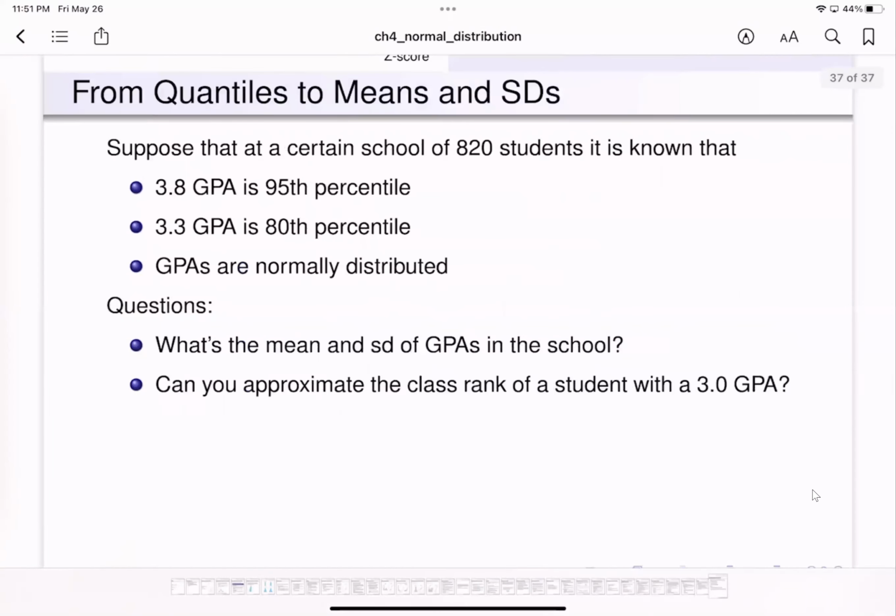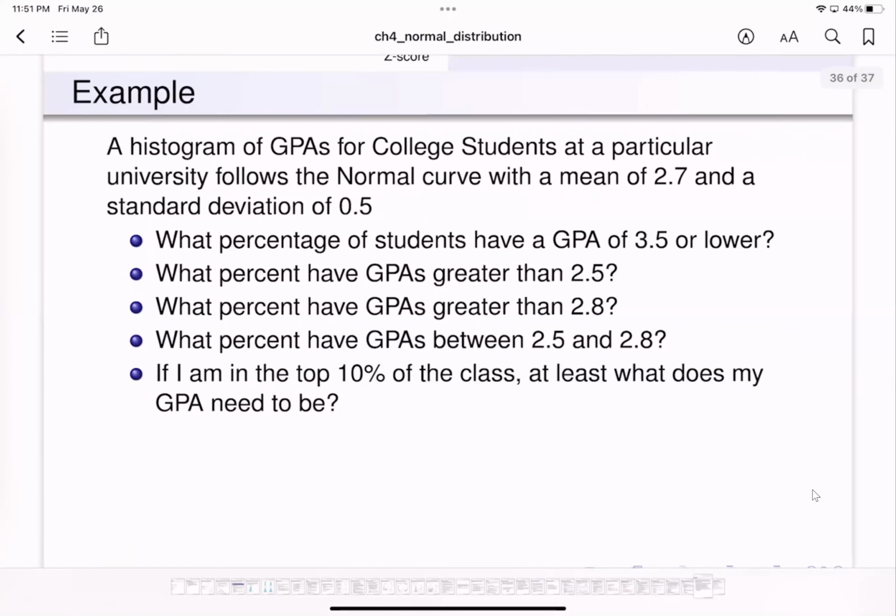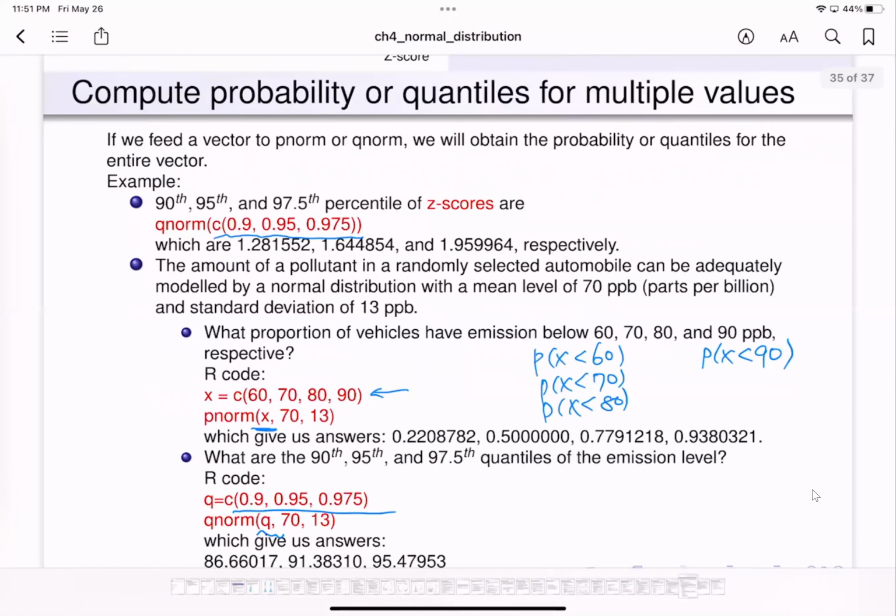Okay, so that summarizes what we learned about the normal distribution. In the normal distribution, what is important is to recognize that the distribution is symmetric and bell-shaped, but not all bell-shaped distributions are normal. Instead, the normal distribution is totally determined by the mean and standard deviation. They follow specific formulas.